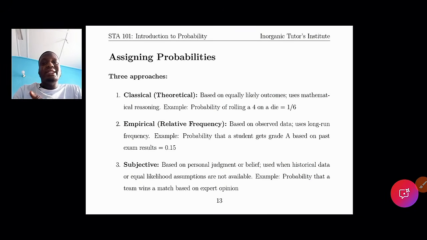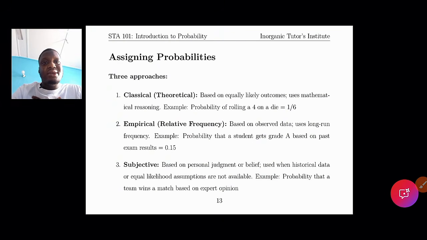So maybe this team is playing another team, and from your own judgment, these days this team scores or performs so well. And this team, when they meet this particular team, they perform badly. So you make all those judgments and come up with the probability that, looking at things, I think there's a 60% chance that team A would win this match.